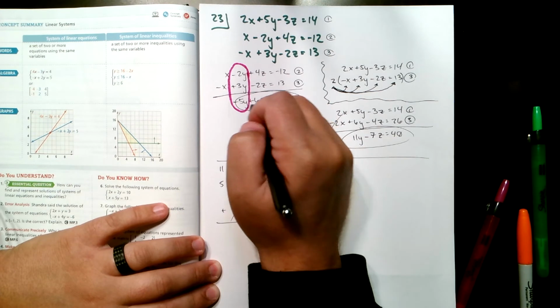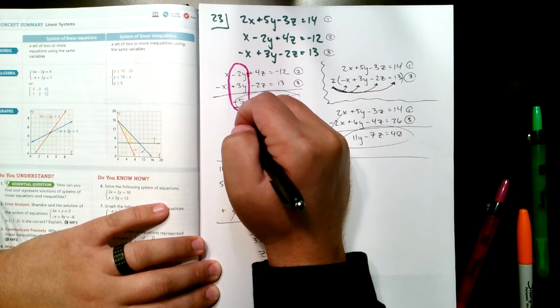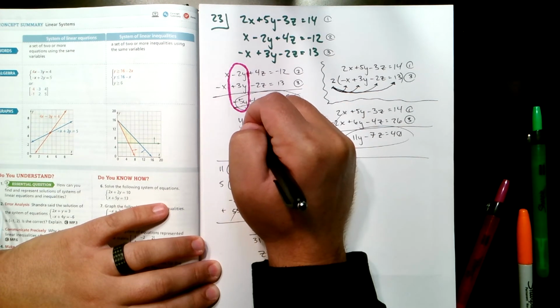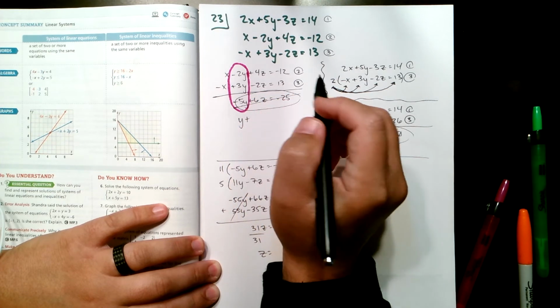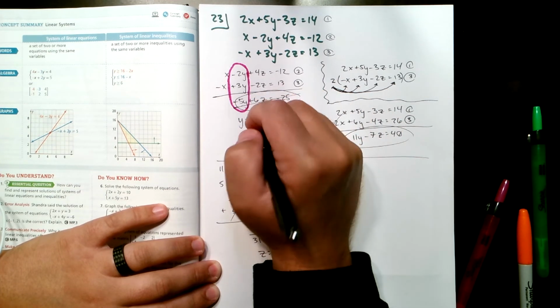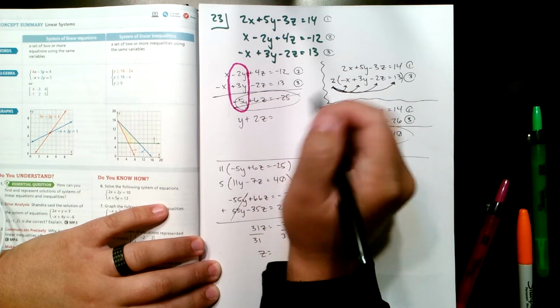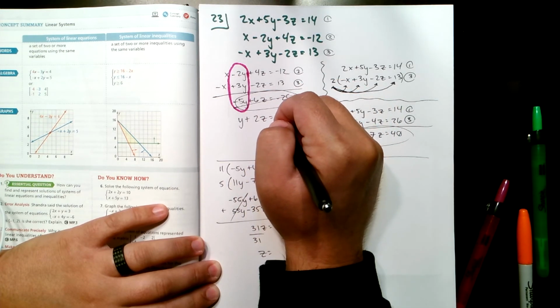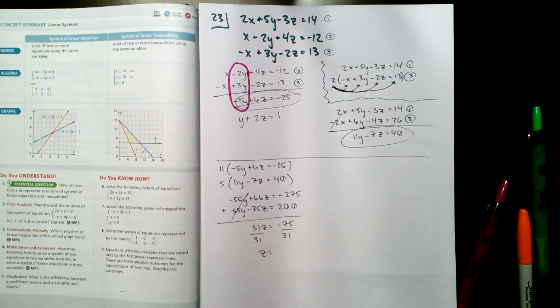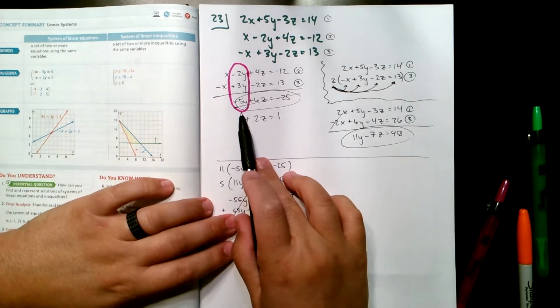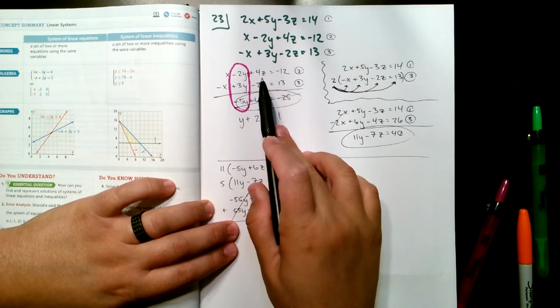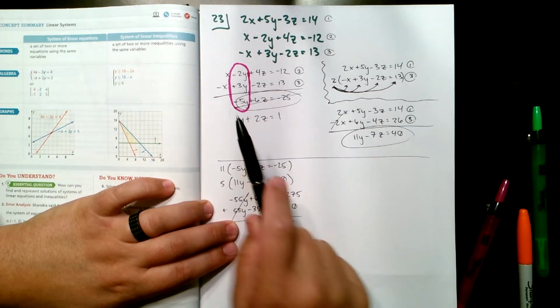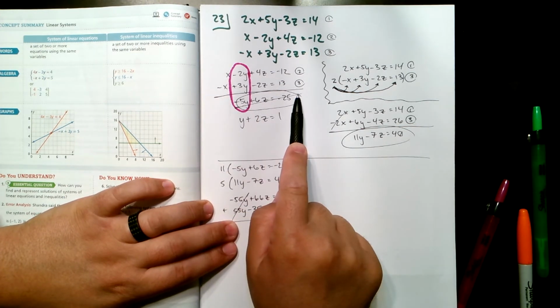So I did negative 2y plus 3y. So that part right there should have been, so this equation should have been y plus 2z equals 1.